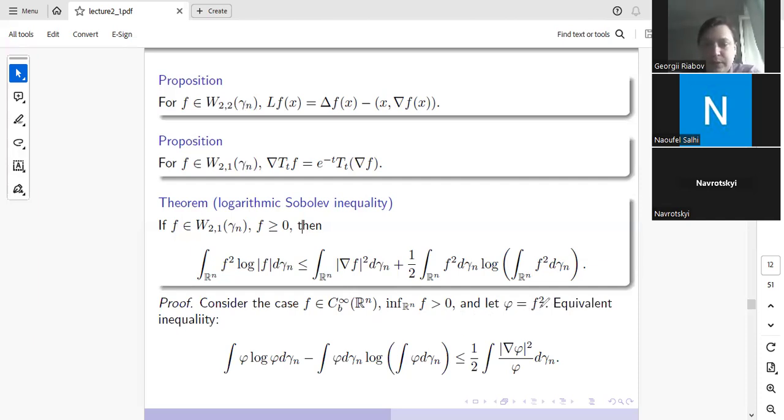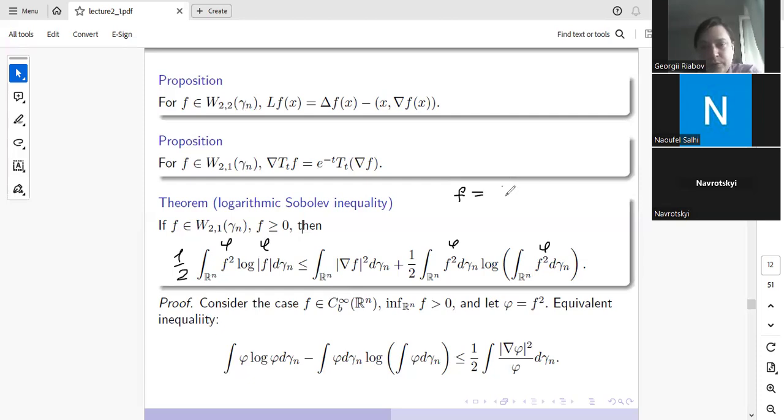If we replace f squared with phi, we get here phi, here log phi, here one half, okay, here phi.